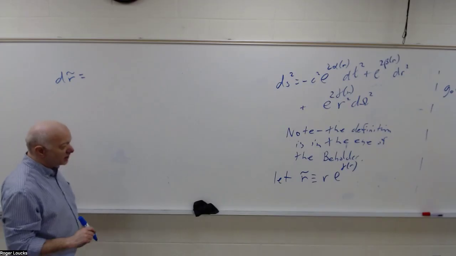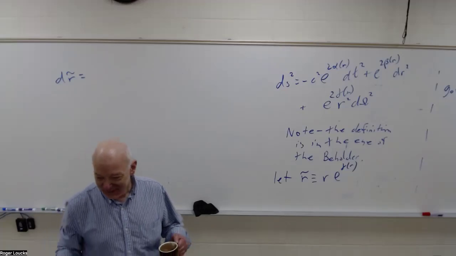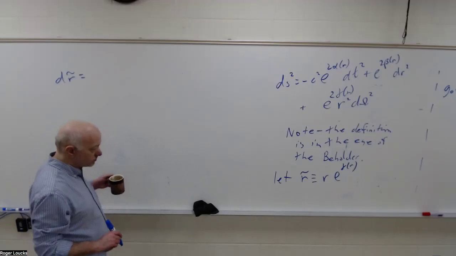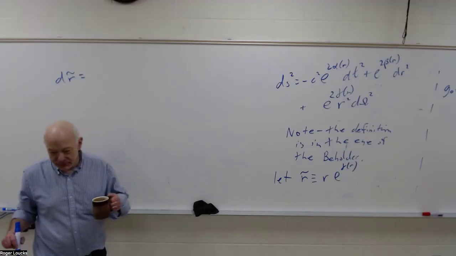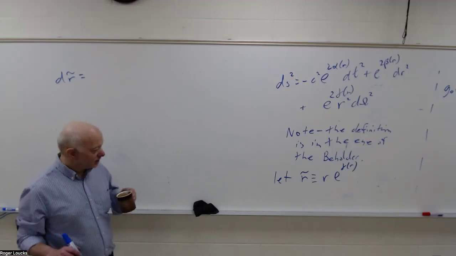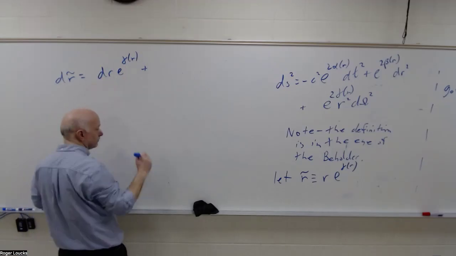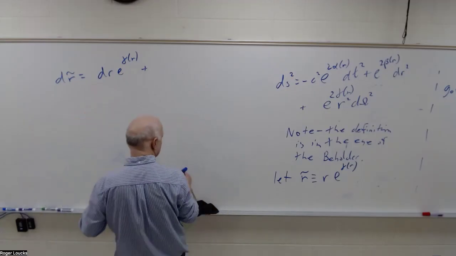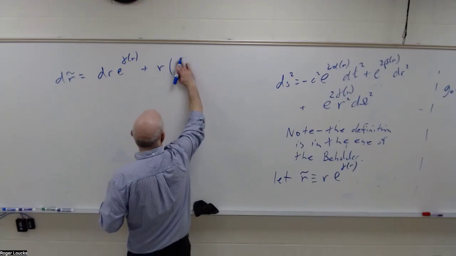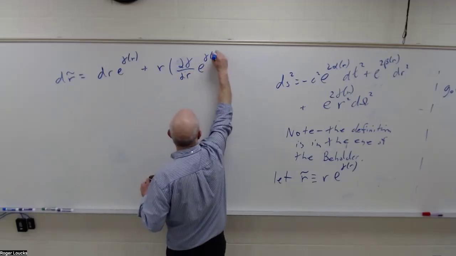It's a differential. We have dr e to the gamma of r plus r times the partial of gamma with respect to r, e to the gamma of r.